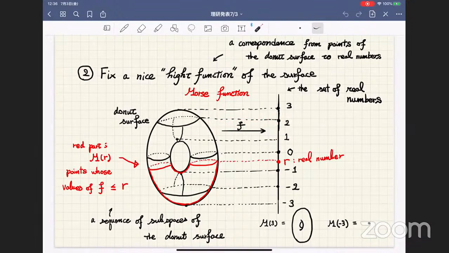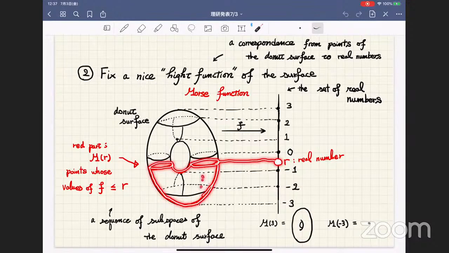Suppose we fix such a function f, and fix a real number r. Then we consider the following subset M_r of the surface, which is defined by all points where the value of this function is smaller than or equal to r. For example, if we fix a real number like this, then M_r is given by the following picture.